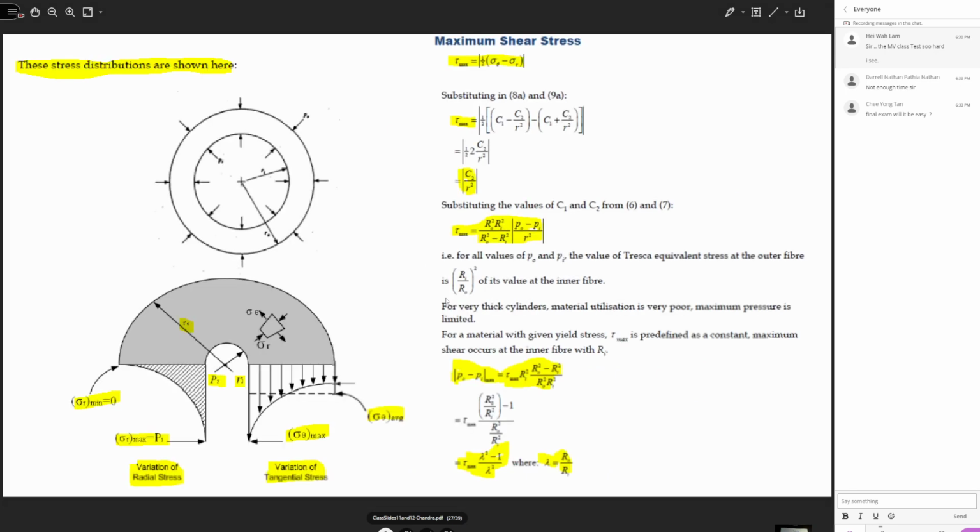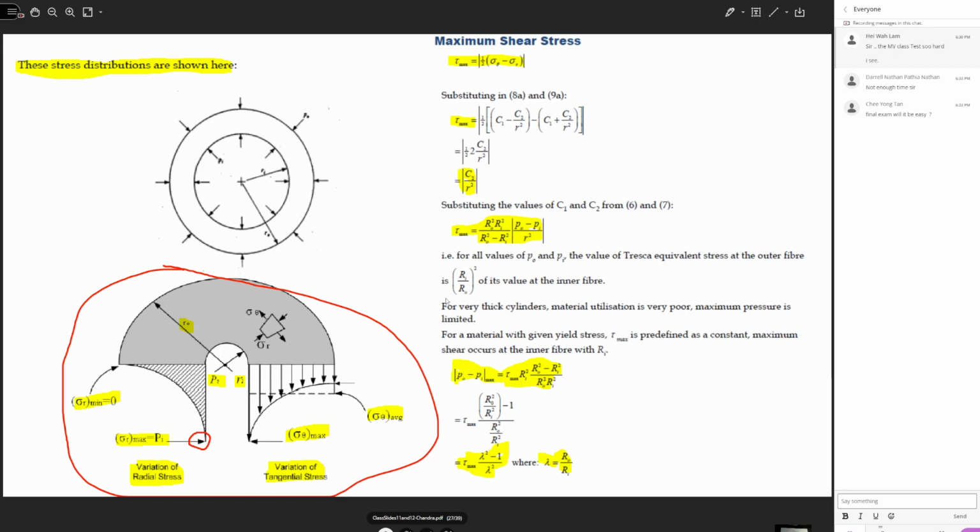Generally the plot of the radial stress and tangential stress can be shown. You may just focus on this figure. At the inner radius, the radial stress is maximum and equal to the inner pressure Pi.